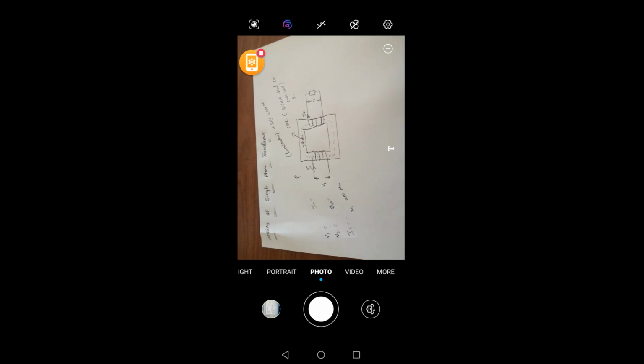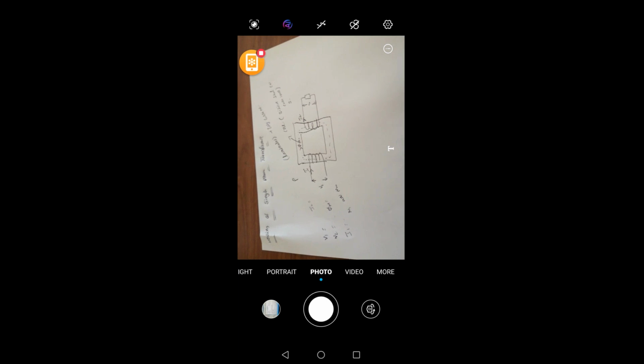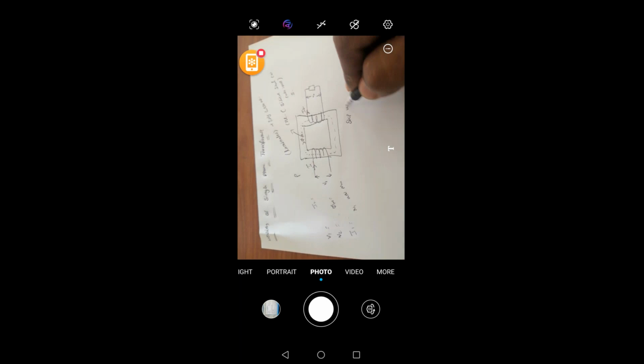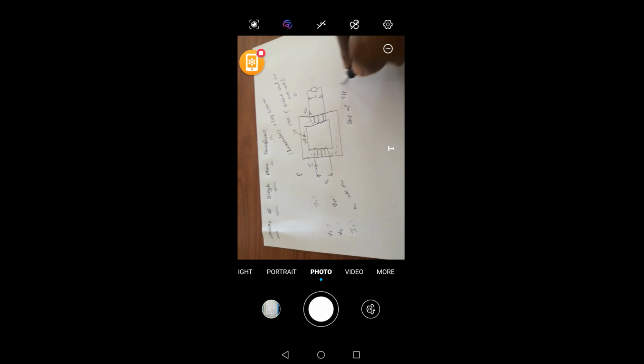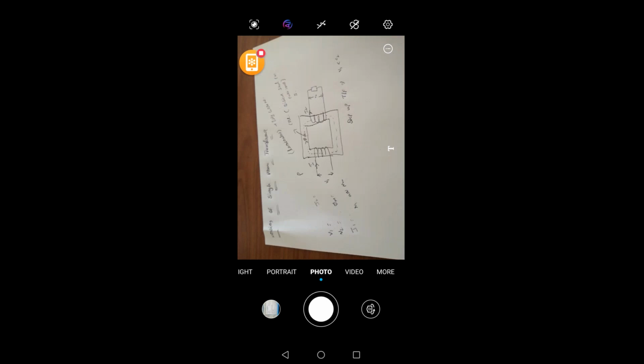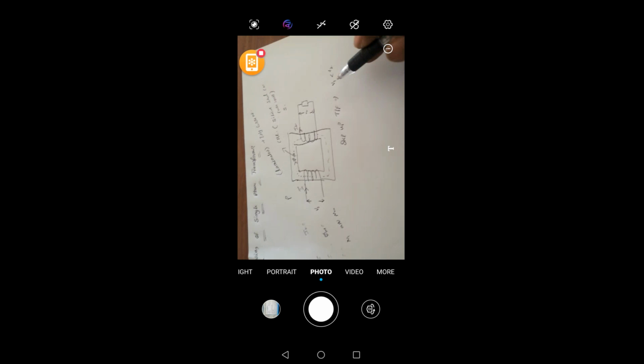Now our intention is to find whether the transformer is step up or step down. If it is a step up transformer, then V1 is less than V2. Step up means the primary is low voltage and the secondary is high voltage, so V1 is less than V2.